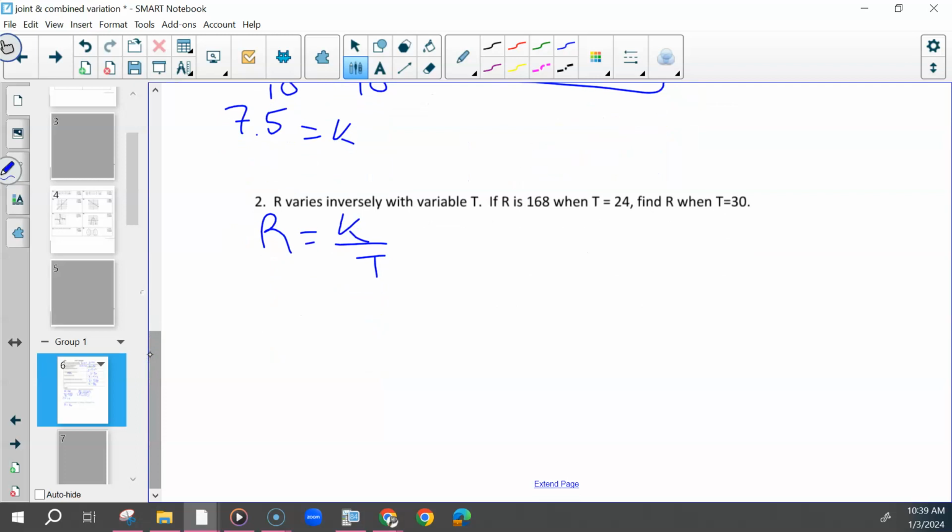So then put in the numbers you know, 168 and 24. To solve for k in this case, what would we do? Multiply the 24 on both sides. So when you multiply that, what did you get? 4032.